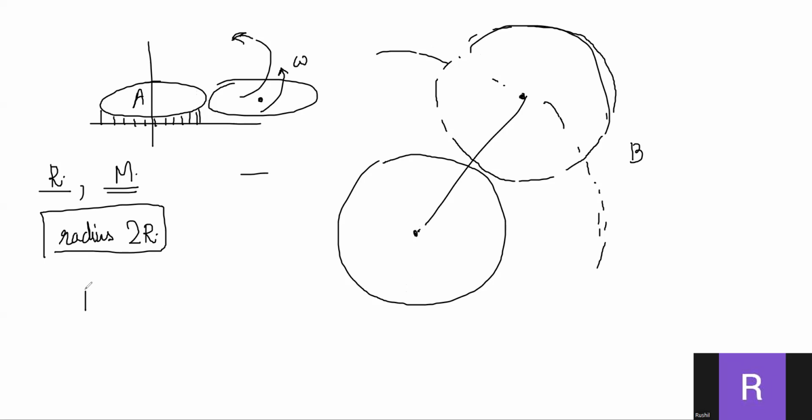I can. It'll be mr squared by 2 plus m(2r) whole square. 4 plus half is 9 by 2 mr square.